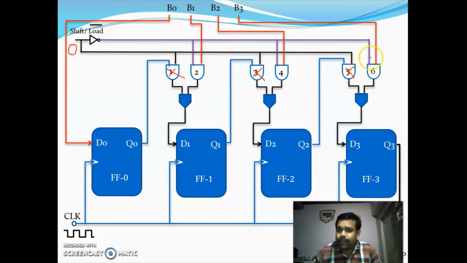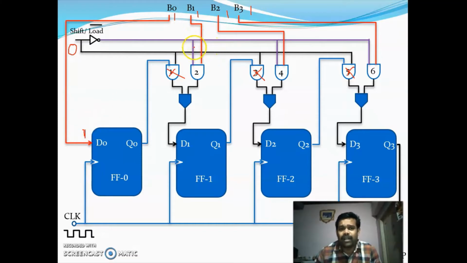To the other inputs of the AND gates 2, 4 and 6, we have connected the inputs B1, B2 and B3. For the first flip-flop, we have connected the input directly. So we can take the inputs as B0 equal to 1, B1 equal to 1, B2 equal to 1, B3 equal to 1. Here directly we will be getting the 1.